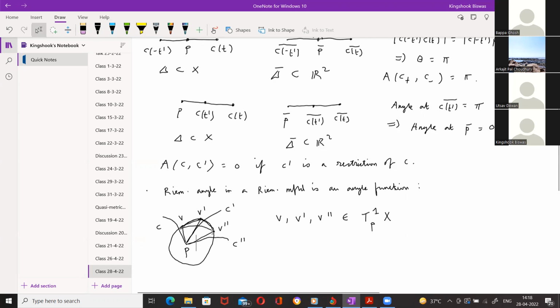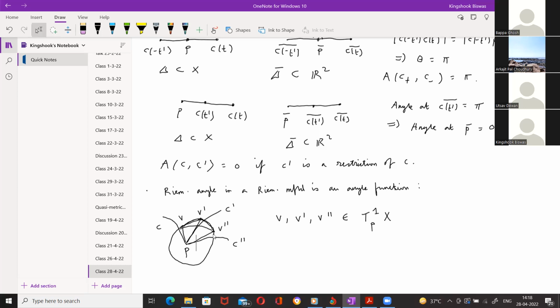So this arc length is less than or equal to the arc length from V to V prime and V prime to V double prime, because this is the shortest length path. Therefore, the arc length from V to V prime is the angle, and from V prime to V double prime the arc length is the angle. So this angle is less than or equal to the sum of these two angles, right? Yes.